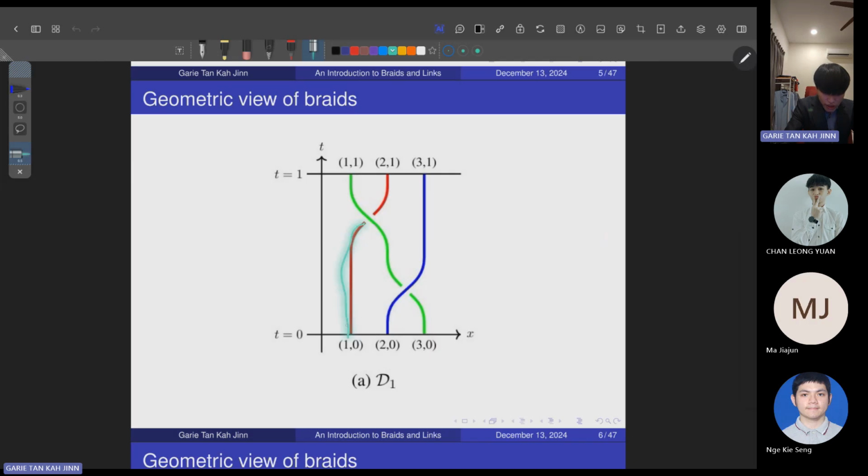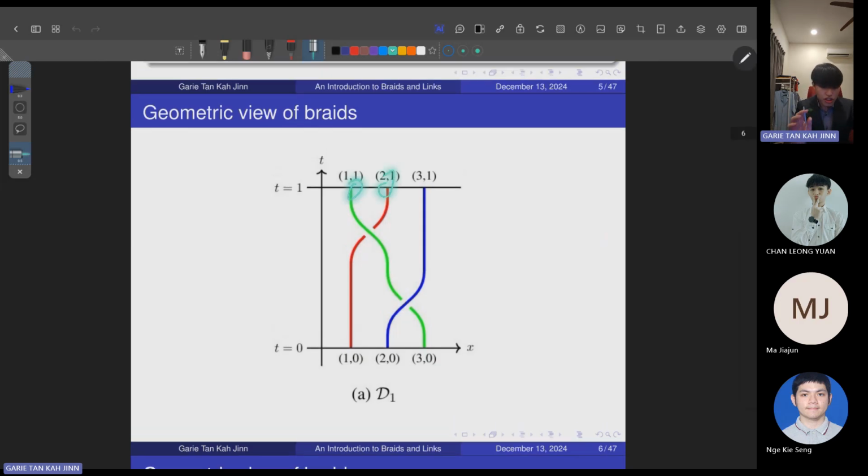As you can see, these strings are disjoint, and the starting points at t equals 0, which are (1,0), (2,0) and (3,0), and the ending points (1,1), (2,1) and (3,1) are unique for each string. This just means that we don't have two strings starting from the same point or ending on the same point.